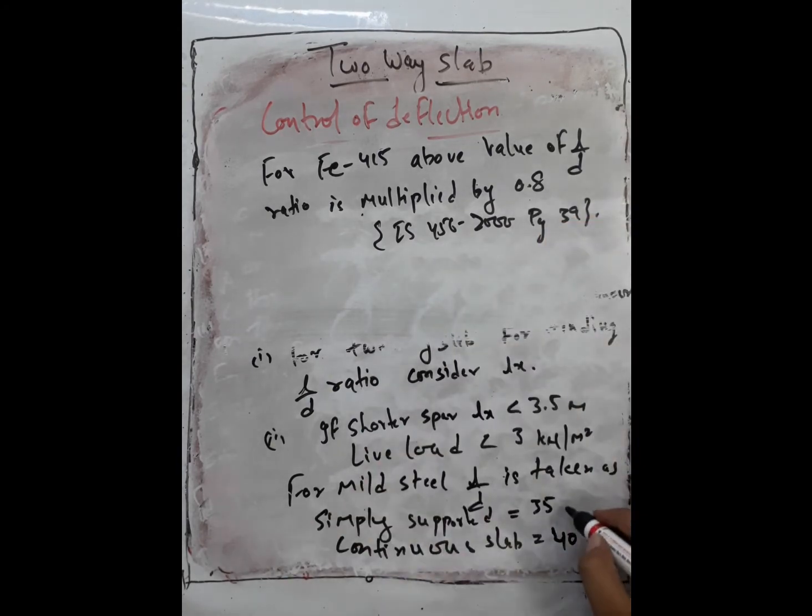So you have to multiply these two values by 0.8 to get the L by D ratio for Fe 415 or HYSD bar. These are the points to remember for control of deflection in the case of two-way slab.